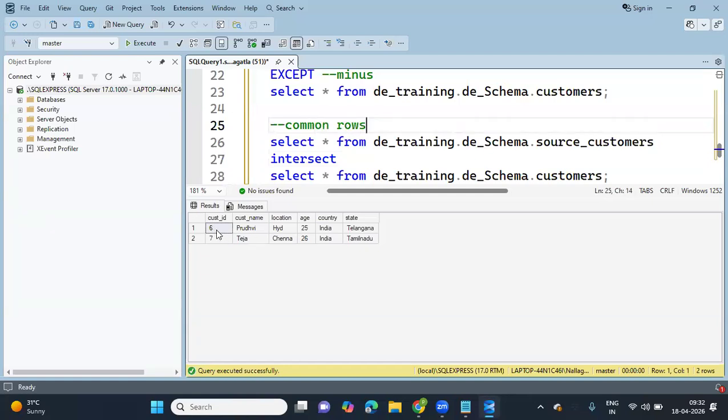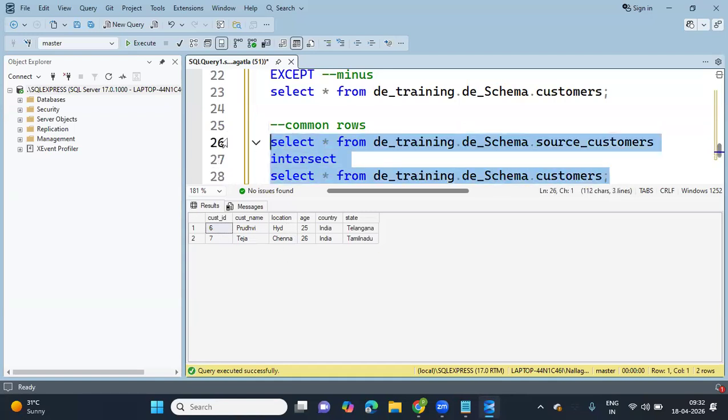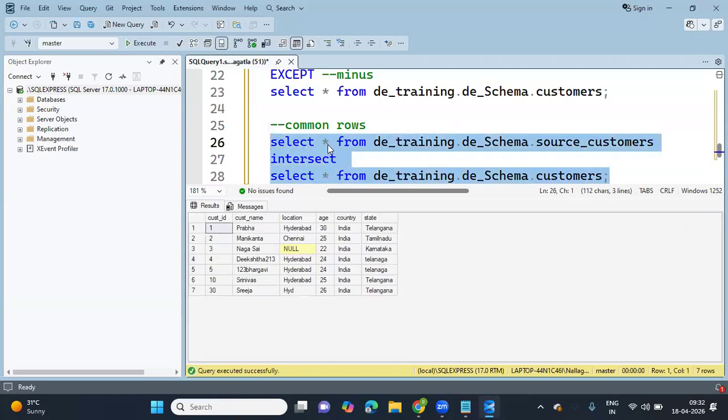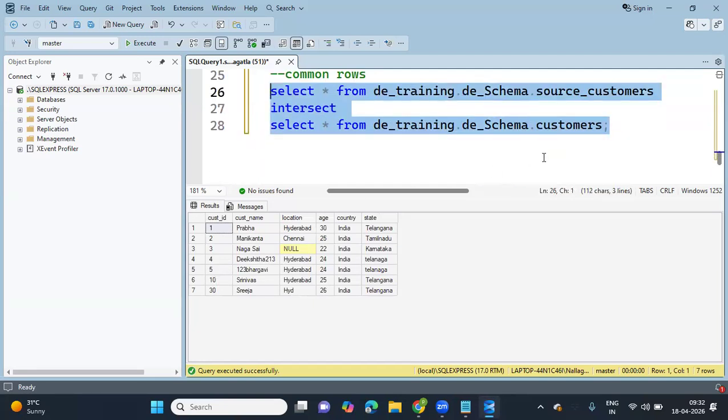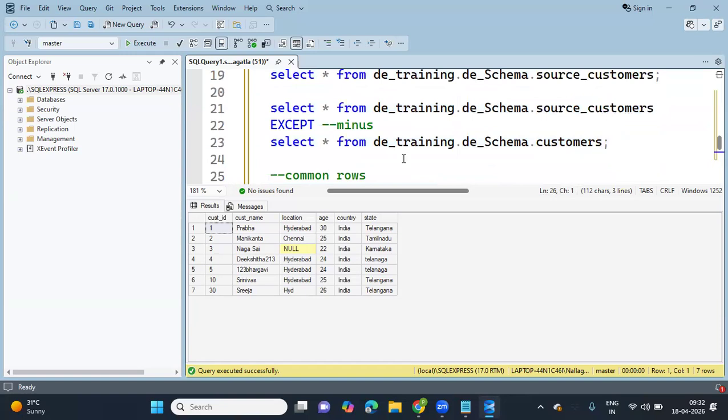If there is a difference, even though ID and name are the same, if there is a difference in the location or any of the other values, it will change. Or you have to select just the required columns on which you want to find the difference. Let's say I just want to know the IDs.